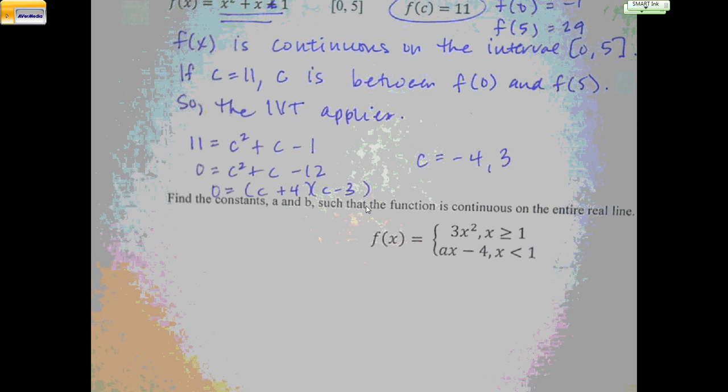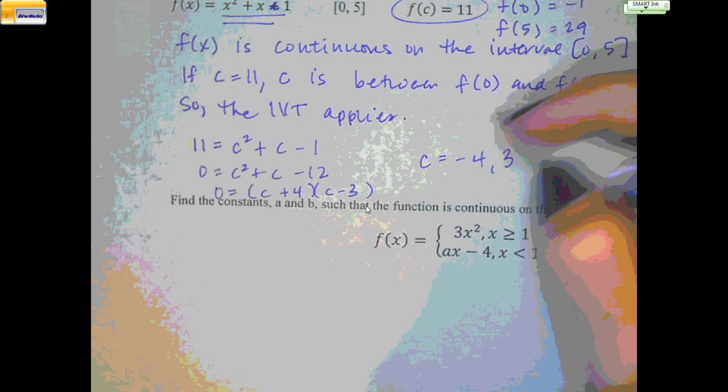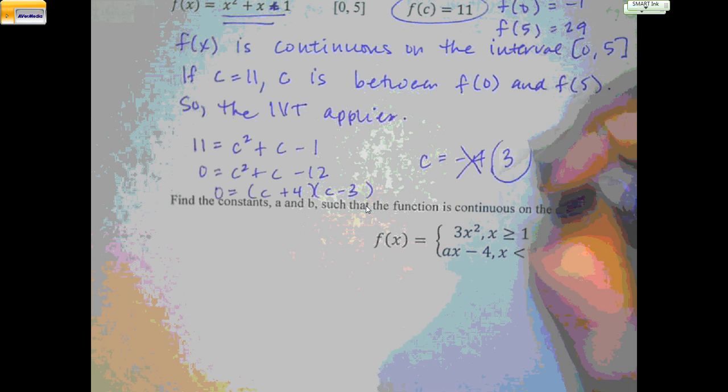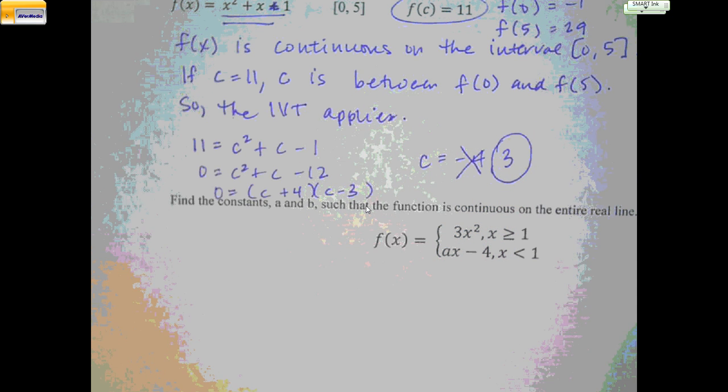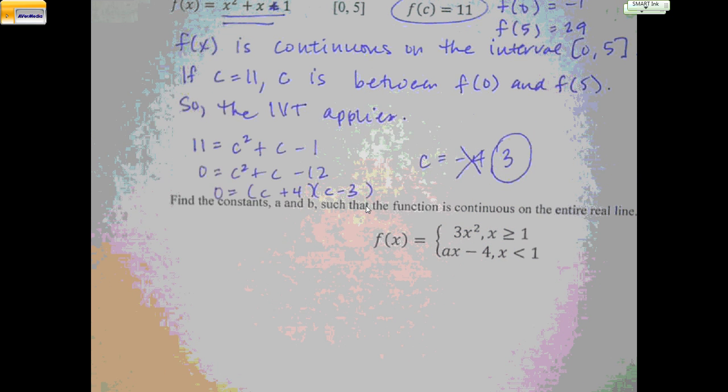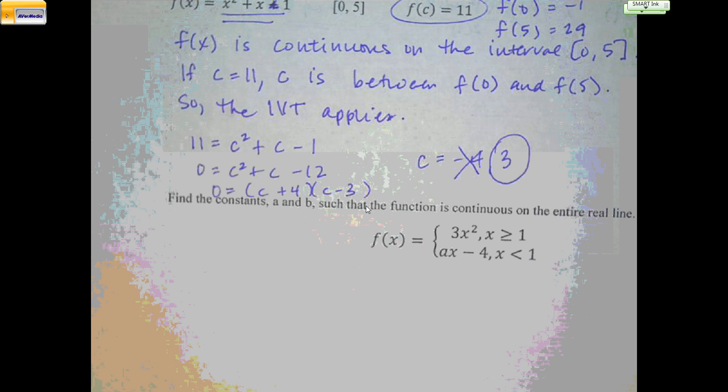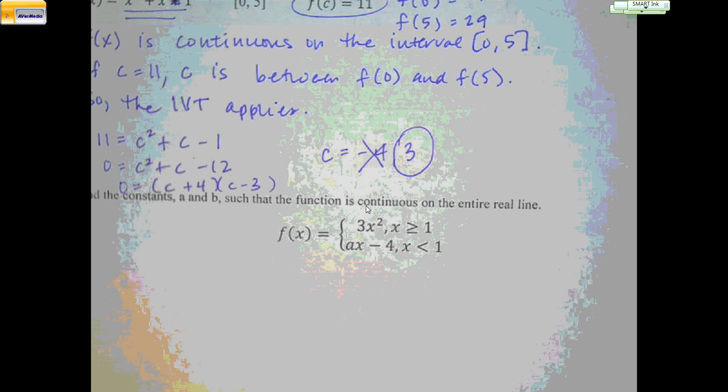What's the interval we're looking for here? 0 to 5. So they're not concerned with this value, they just want this one. So 3 is on the interval they asked for. It becomes 11 at 3. That's what they're looking for.